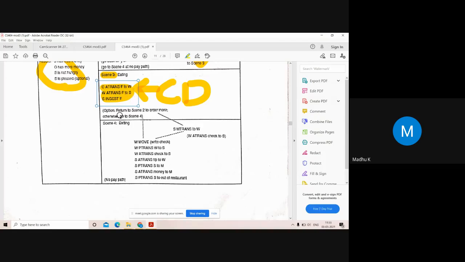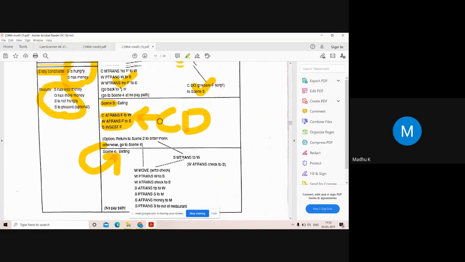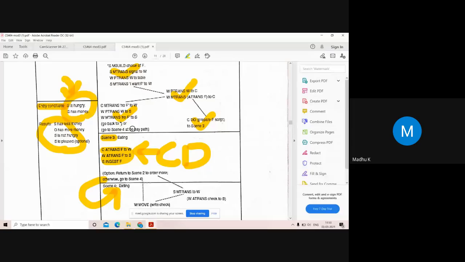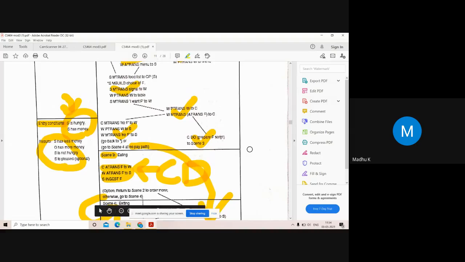From one scene you can go to another scene. For example, from scene 3 you can go to scene 4. In this way scenes are related.